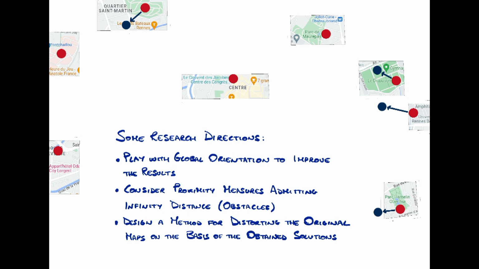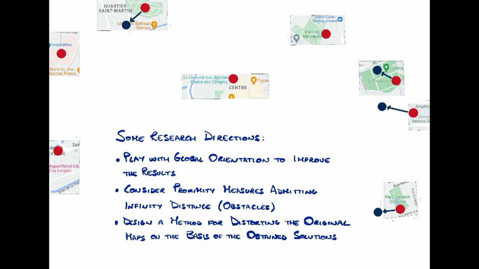Okay, to end, I spoke exactly 20 minutes now, so I'm a little late, but just to give some directions for future work. As I mentioned, the axes of the Euclidean space, or the Cartesian space, that we use to define the orientations are right now arbitrarily fixed. We can take the ones of the original map, north and south and west and east.